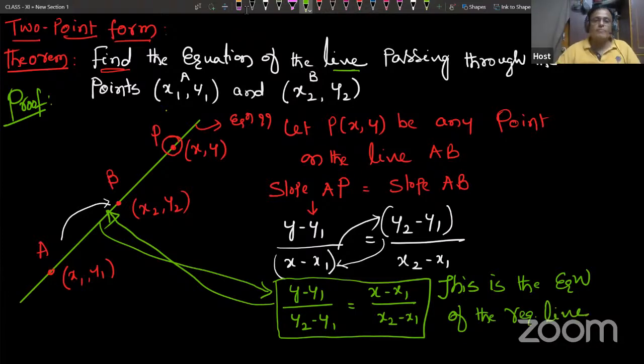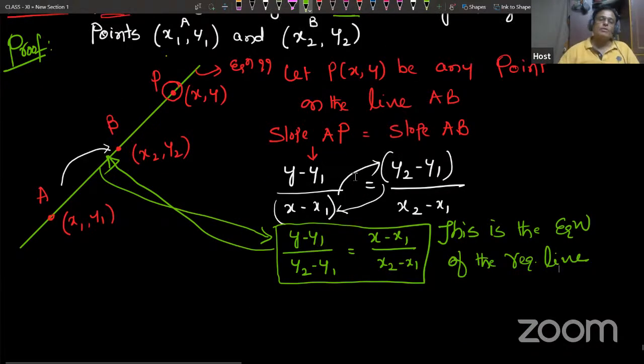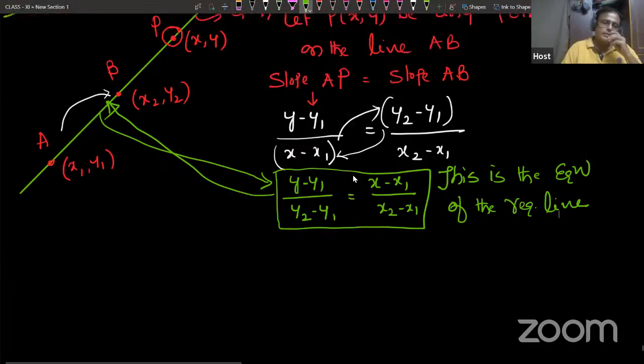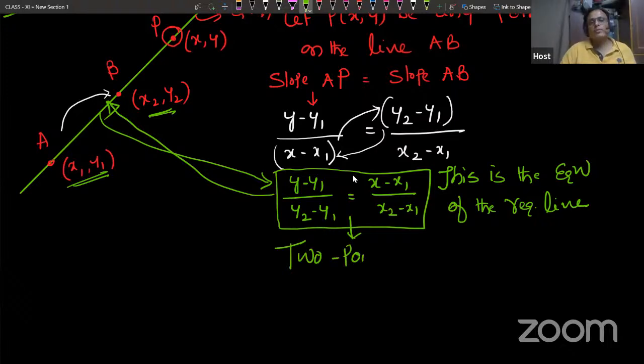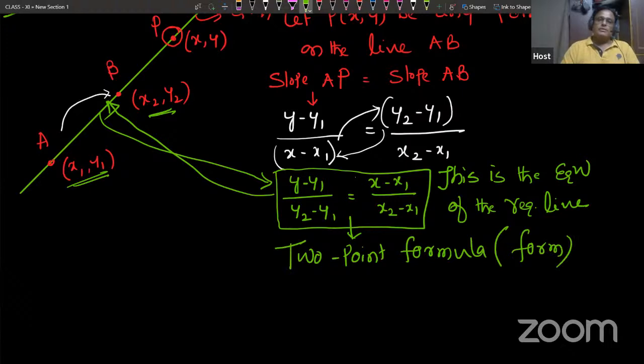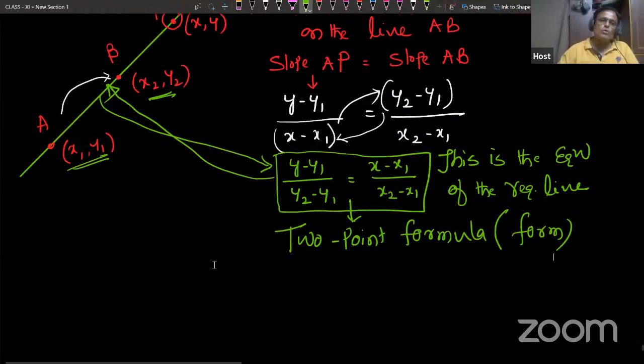When you have derived this formula, whenever 2 points are given, that is the reason this is known as the 2-point form formula. If you are not clear, you can watch the video repeatedly. And now finally, I will go for the conclusion.